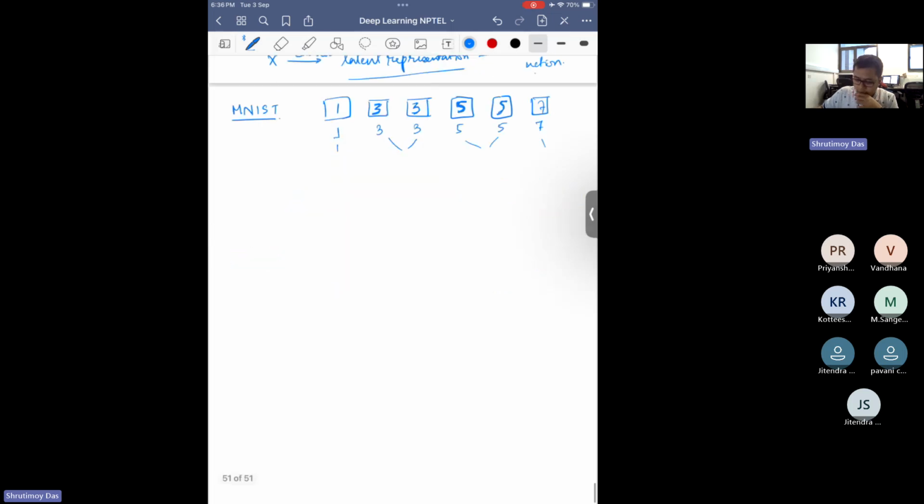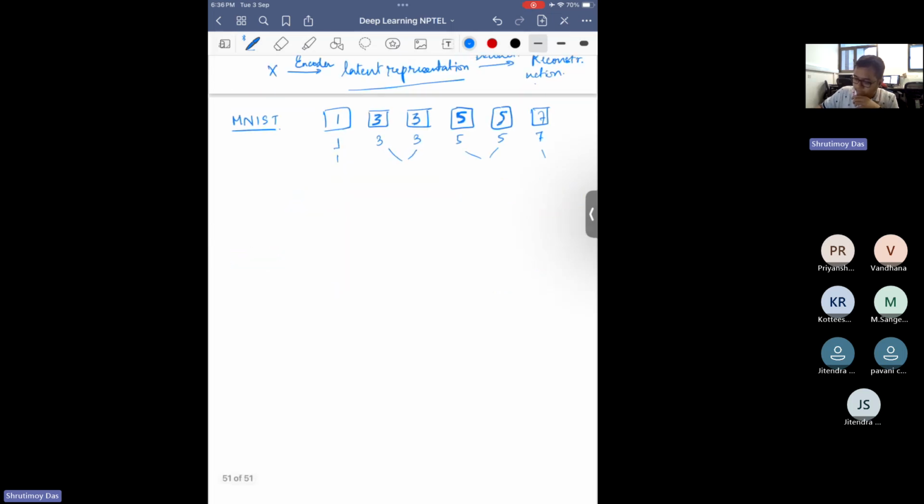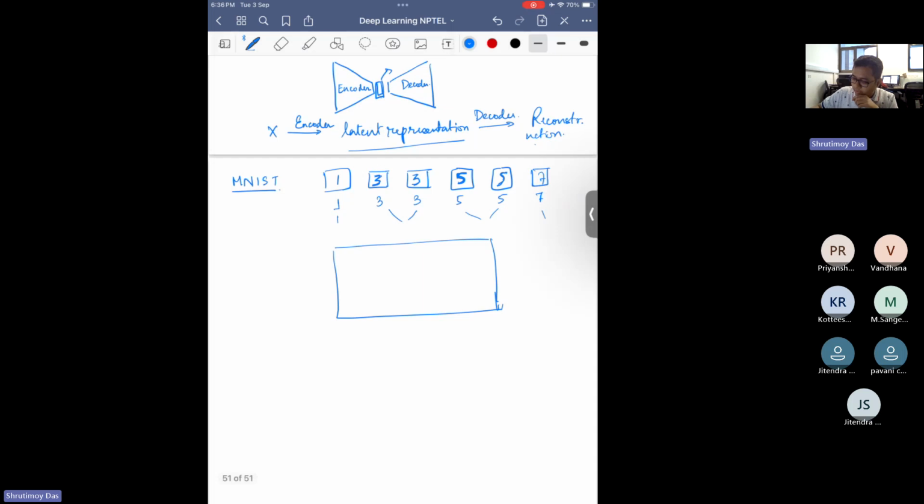Suppose you have this space of numbers. Say I wanted all the ones. 1 can be written as this, it can be written as this, this, this. Based on people's handwriting, there can be a lot of variations in one, right?